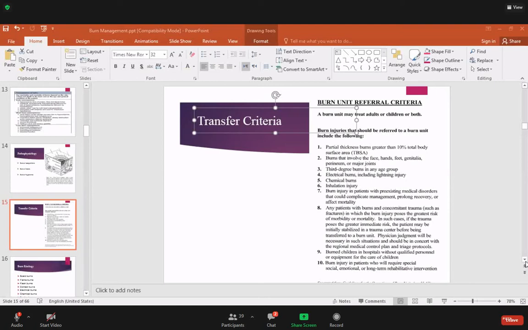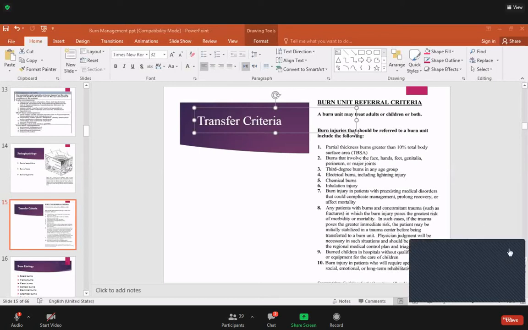So even with small burns, if there is a pre-existing medical disorder, they should be referred to the burn center. Any patient with burns and concomitant trauma like fractures, you should refer them to the burn center.